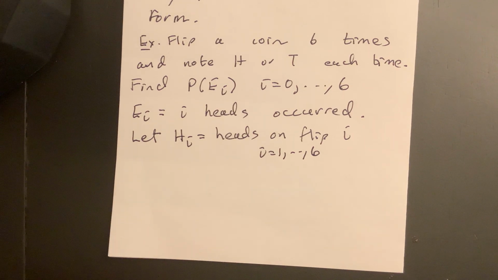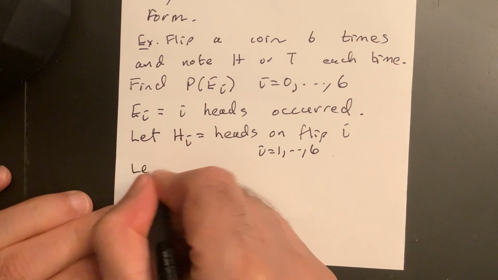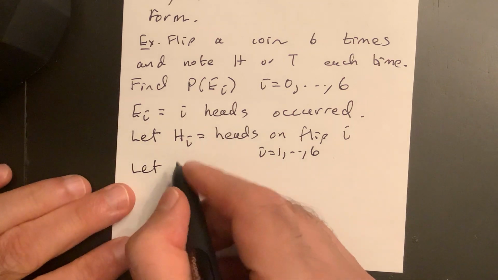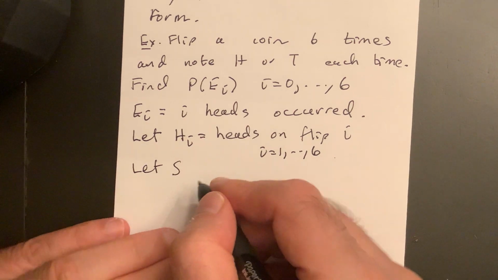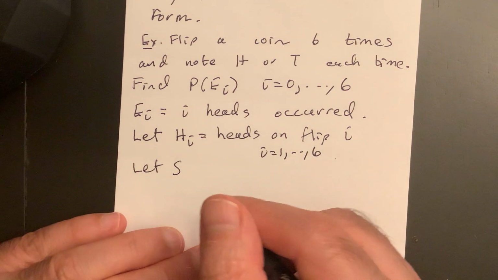We note that because of the independence of the flips, any sequence of heads can be calculated by multiplying the individual probabilities. But I'm jumping the gun a little. Let S be the sample space of the big experiment, which is the 6 flips.